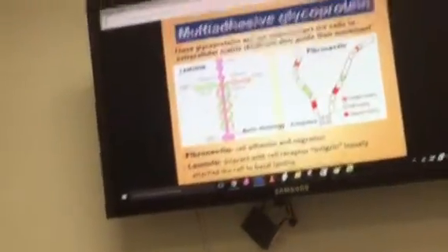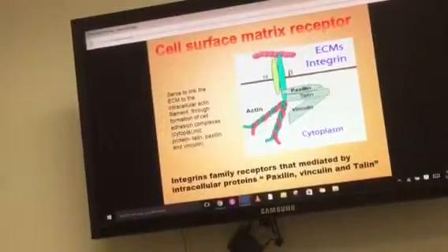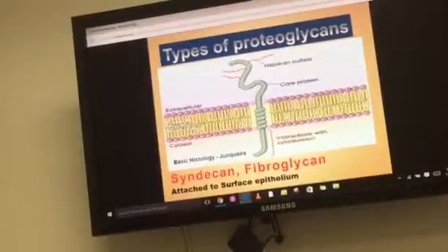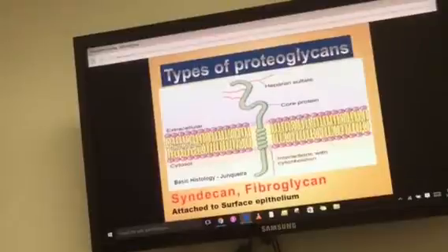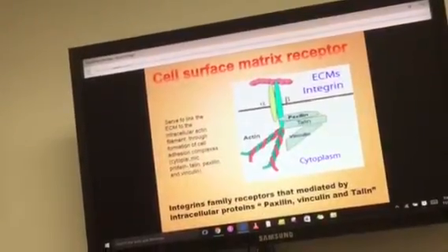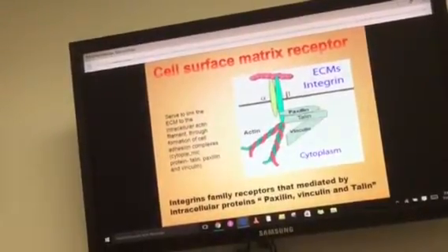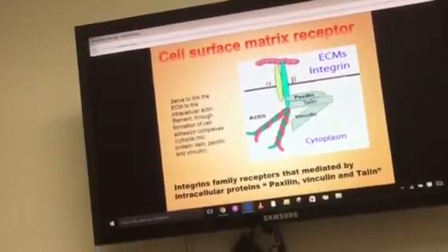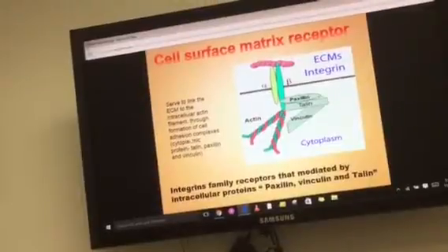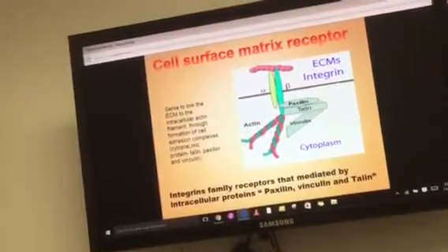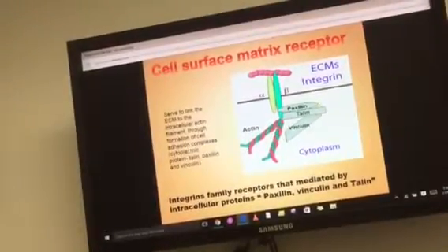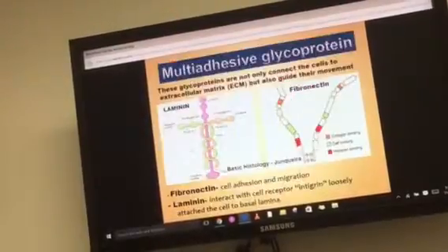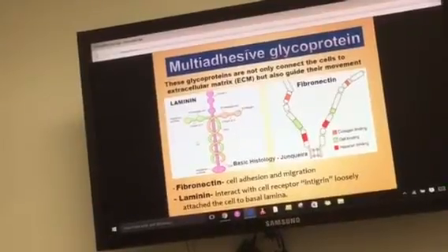So maybe they interact with those types of proteoglycans, because those are the ones that are at the surface, right? Yeah. And they're just talking about what type of receptors are mediating them. They work with actin filament.